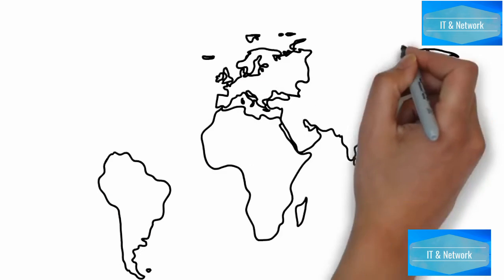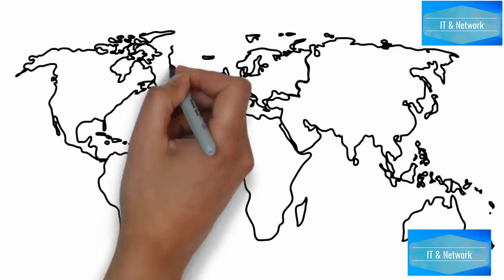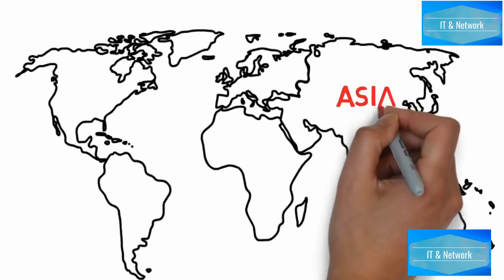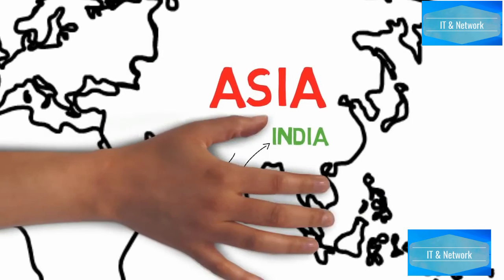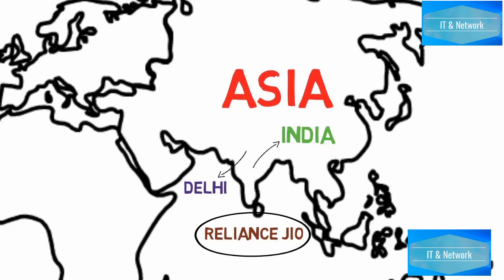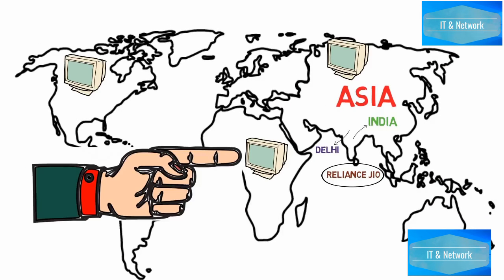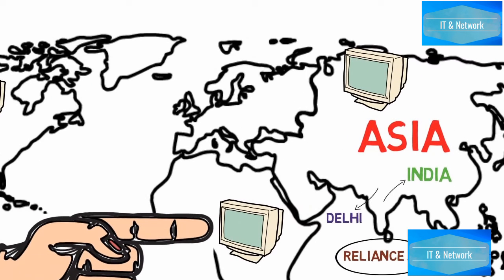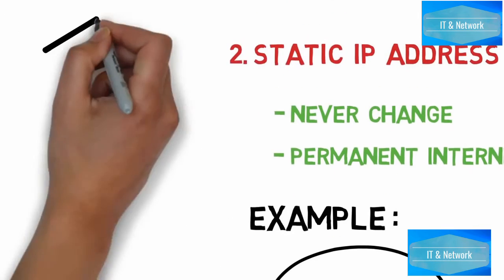Static IP addresses provide information such as the device is located in which continent, which country, which city, and which internet service provider provides internet connection to that device. Once we know who is the internet service provider, we can trace the location of the device connected to internet. Therefore, IP address allows billions of digital devices to be pinpointed.